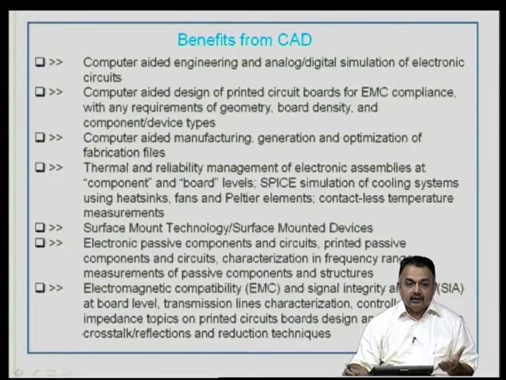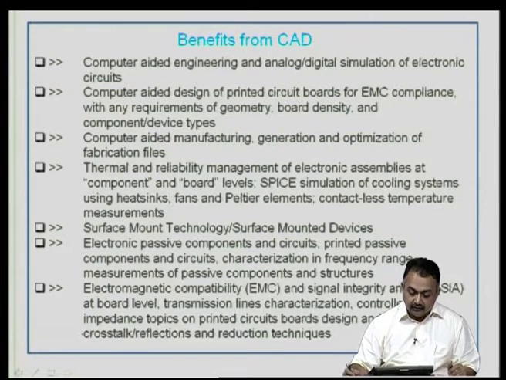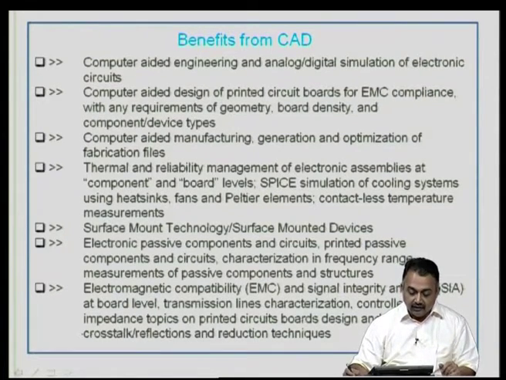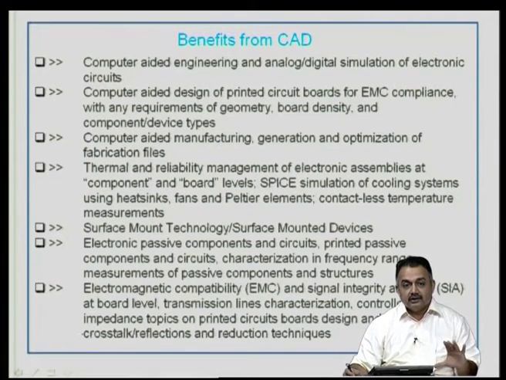So, a mixed board, for example, an analog digital board, can have varying requirements in terms of EMC, that is electromagnetic compatibility or electromagnetic interference, because the influence of one component over the other and the interconnects that you are using to interconnect these varying components along with the passive devices can create a mix of problems in terms of electrical and thermal. So, your CAD in some sense can really take care of all of these issues if it is analyzed in a systematic way.